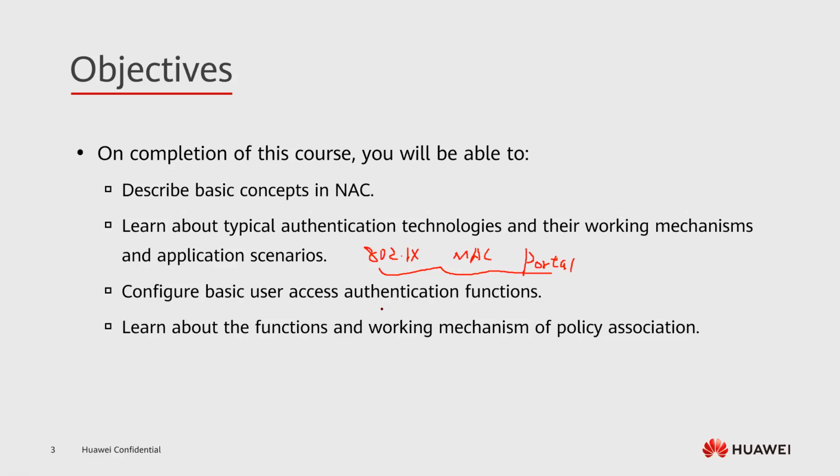So in this course, we will introduce how to manually configure these three kinds of access authentication. And finally, know the mechanism of policy association. In simple words, it separates the authentication point into two parts: one for control, another for delivering the enforcement. We will introduce it later.